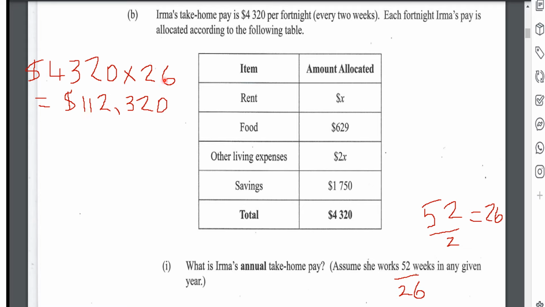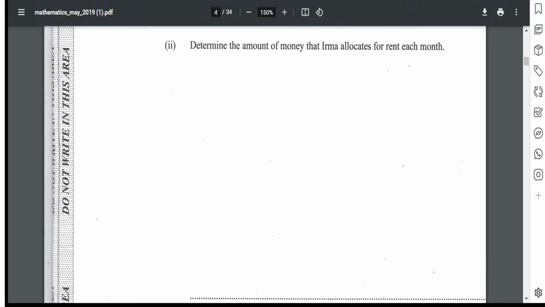Multiplication is commutative, so we could say 4,320 multiplied by 26, or we could still say 26 multiplied by $4,320 to give us a grand total of $112,320.